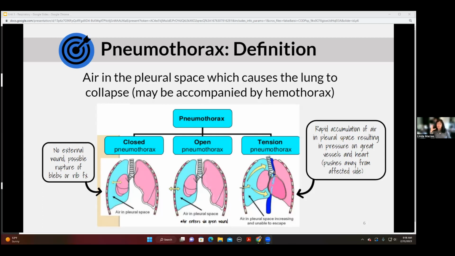So it's going in, but it's not coming out. And you can see on the right side, the lung is fully capable of inhalation, but on the left side, that lung is collapsed. It's not to capacity, and the lung is not able to expand like it's supposed to. There are ways to fix that.